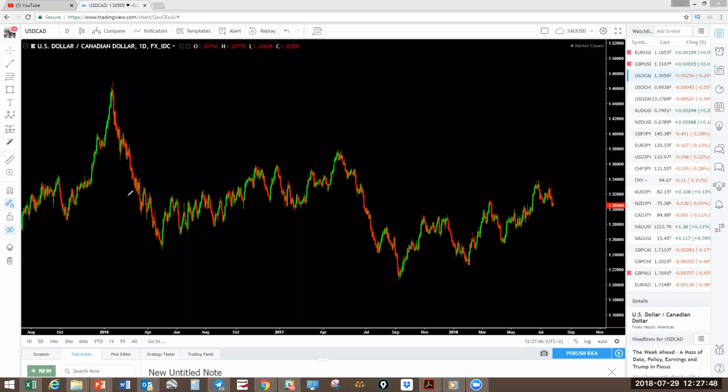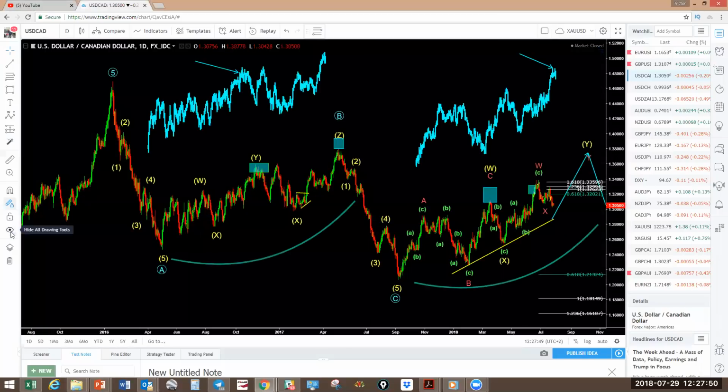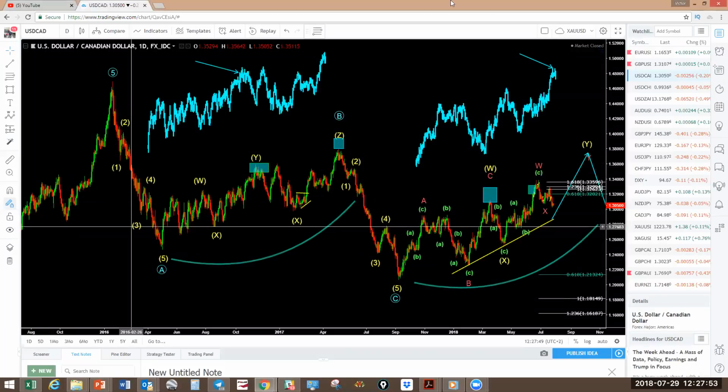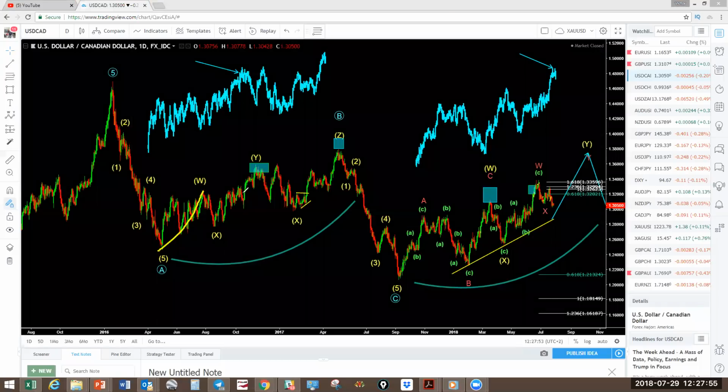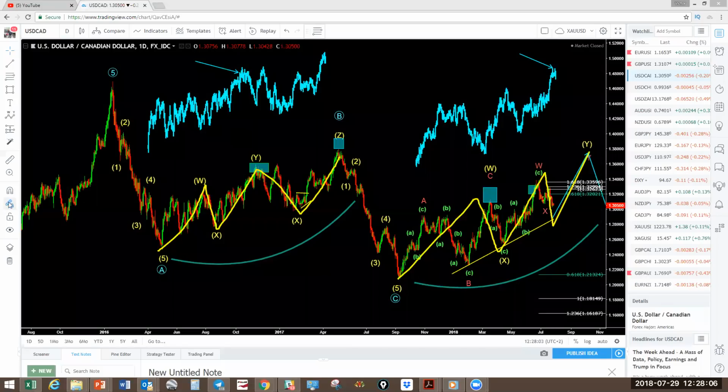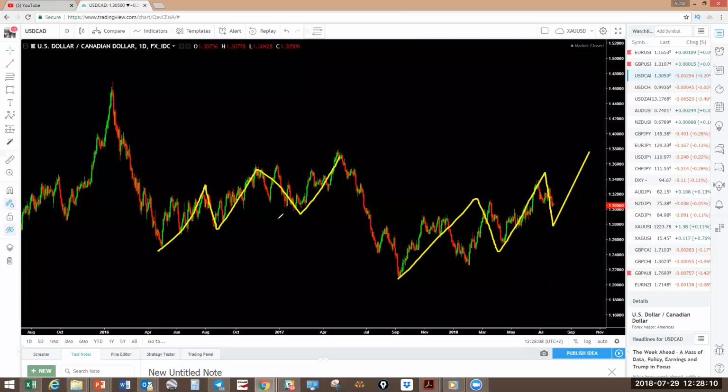So here you had, if I just show that, you had a WXY exact move as well. If you just look at that, 1, 2, 3, 4, 5. 1 like that. 1, 2, 3, 4, 5. Not a 5-wave impulse, but rather an 11 swing sequence.